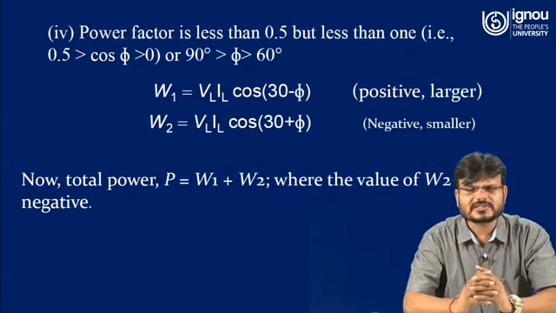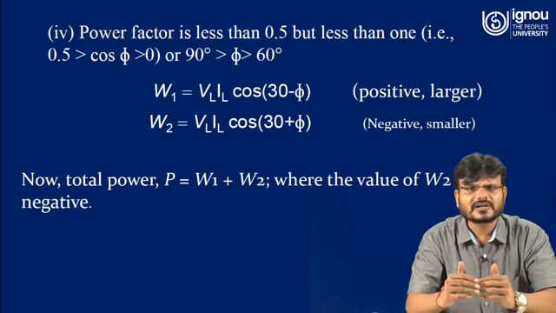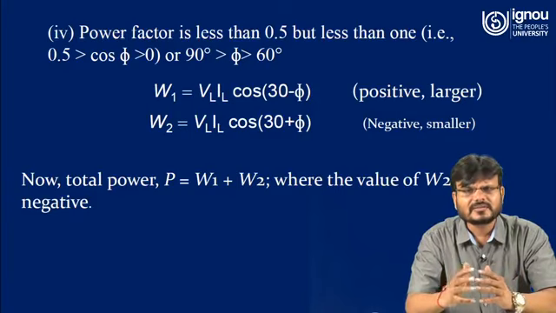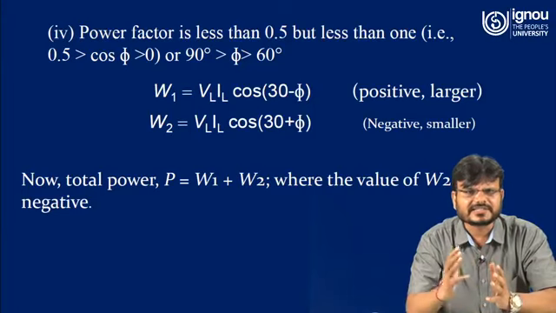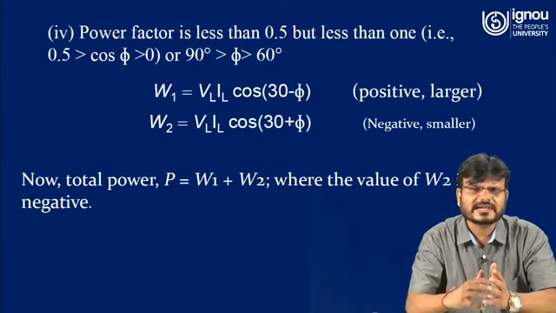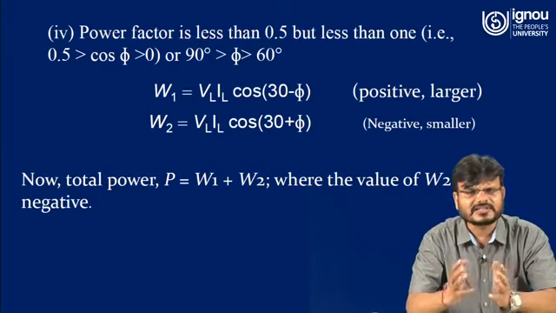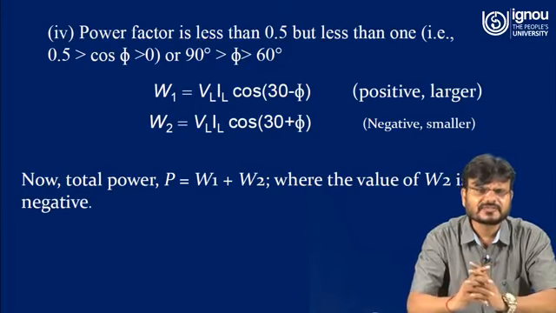Now we are going to discuss the next condition, when the power factor is greater than 0 but less than 0.5. Here cos phi is greater than 0 but less than 0.5, or phi is greater than 60 degrees but less than 90 degrees. So W1, that is VL IL cos(30 minus phi), will give a positive and larger value, and W2 will give a negative but smaller reading.